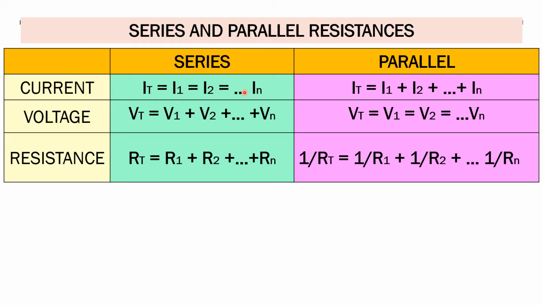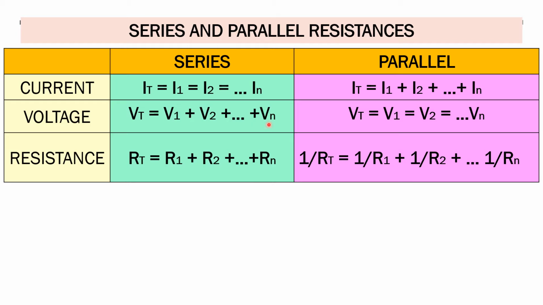At any given point in a series circuit, the current is constant. For a parallel circuit, if you want to get the total current, you just add the individual currents. That is, total current is equal to I sub 1 plus I sub 2 plus whatever is the number of currents.